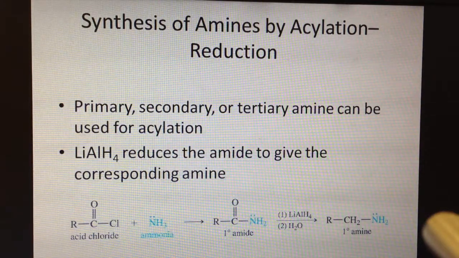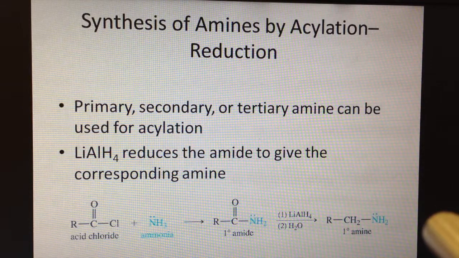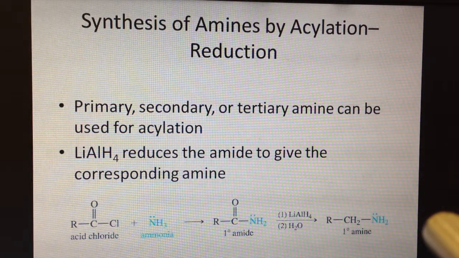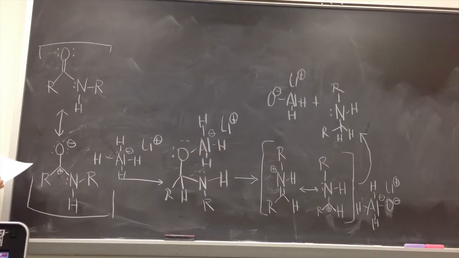An amide can be formed by acylation of an acid chloride using a primary, secondary, or tertiary amine. An amide is then reduced to an amine using LAH reduction. So an amide is a resonance-stabilized structure.